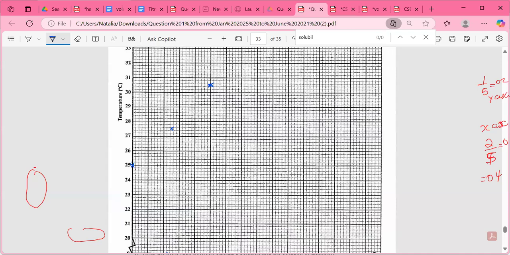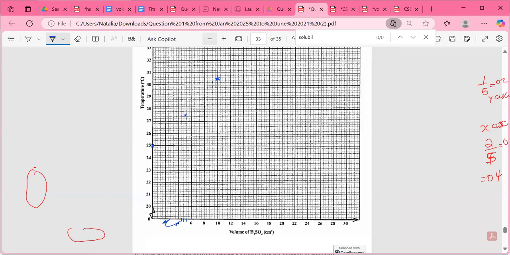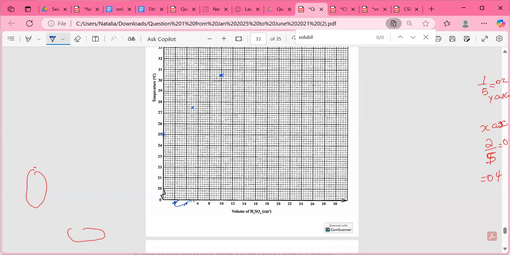So 15 is going to be on the graph. I need to zoom in a little more. So 15 is going to be what? 33.4.